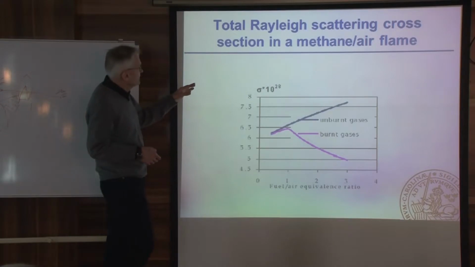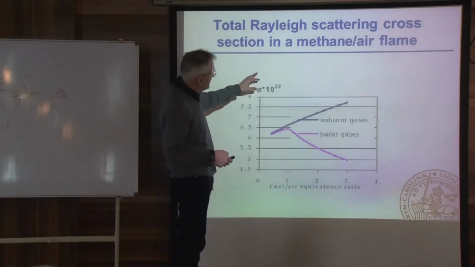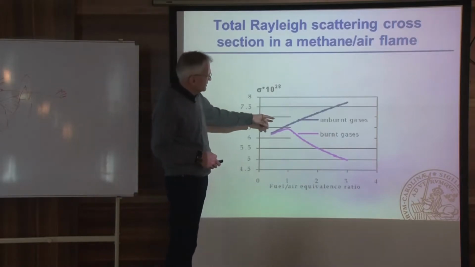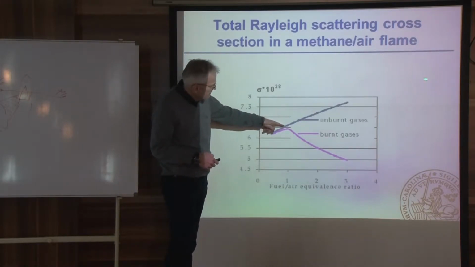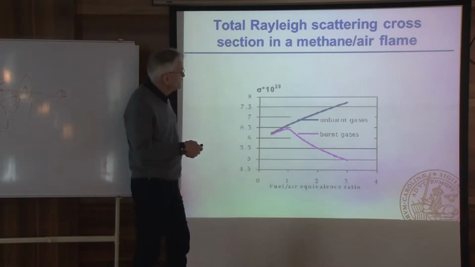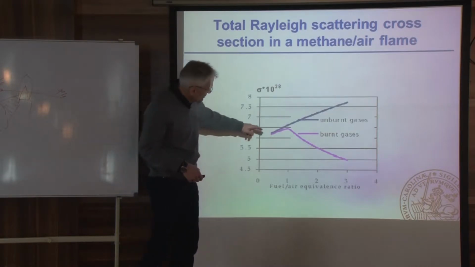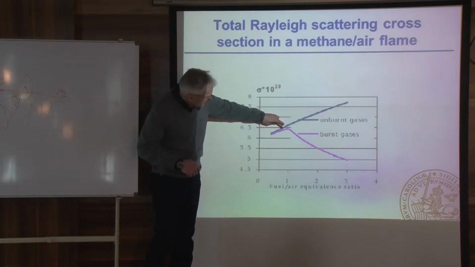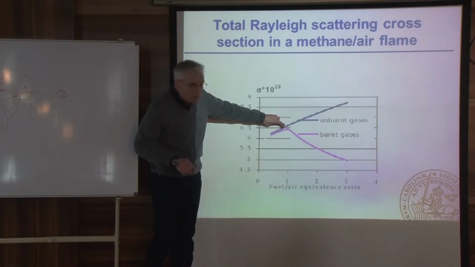Well, if we just look at how the cross-section changes from unburnt gas to burnt gas using methane-air as a function of equivalence ratio, then you can see, just by accident, that up to an equivalence ratio of roughly 1, the cross-section is very similar.